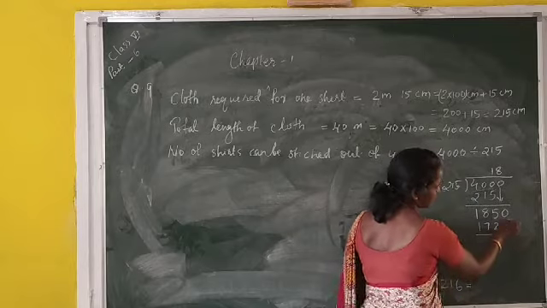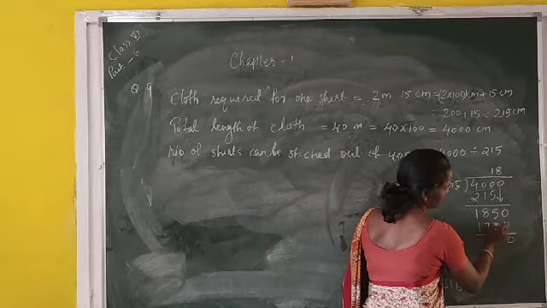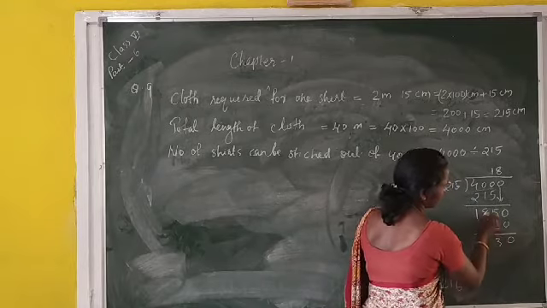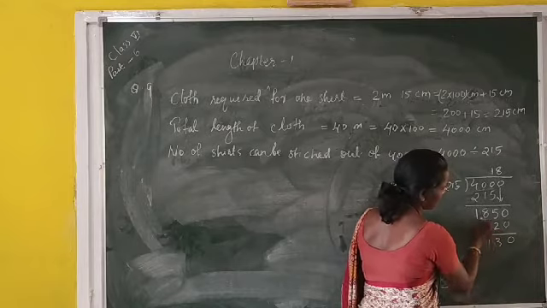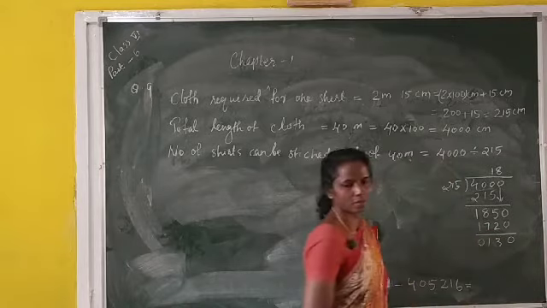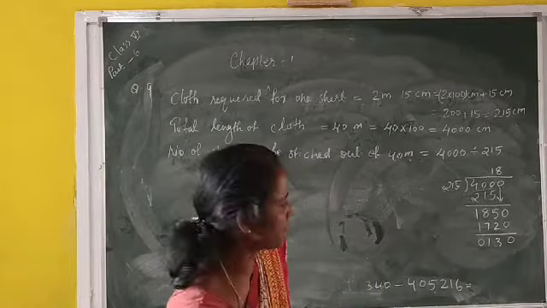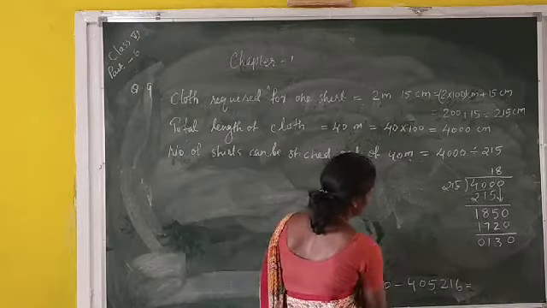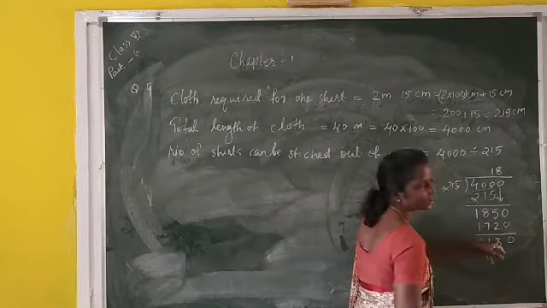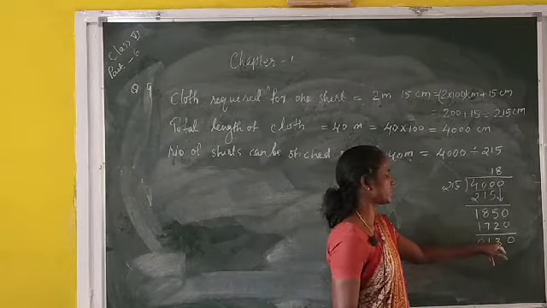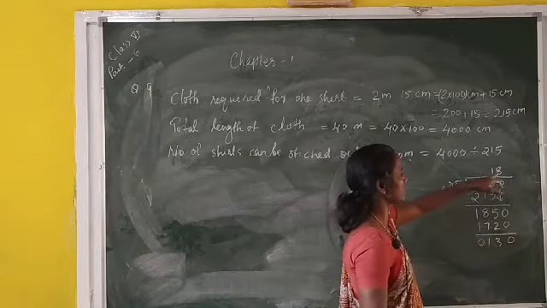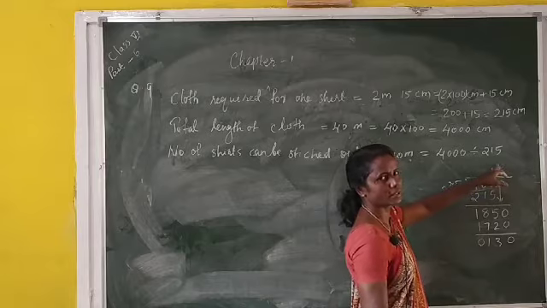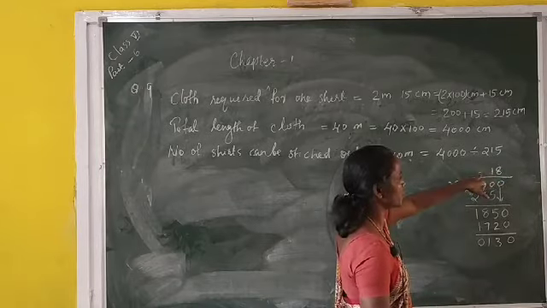Then subtract. 0, 5 minus 2, 3, 8 minus 7, 1 and 0. Here how many centimeter remains here? 130 centimeter remains. How many shirts? 18 shirts can be stitched out of 40 meter cloth.